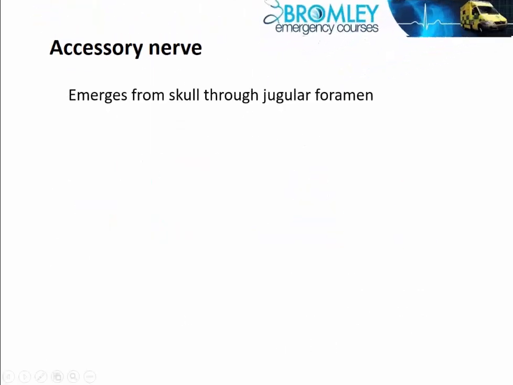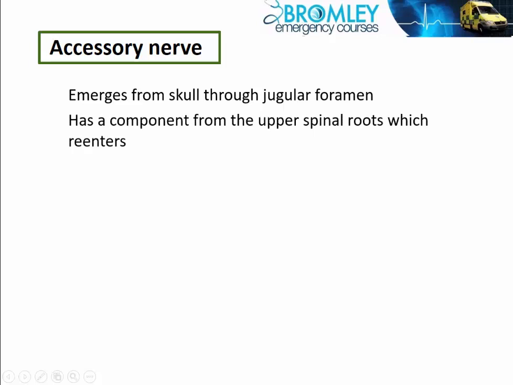The final nerve I'm going to talk about is the accessory nerve. The accessory nerve also comes out in the jugular foramen along with the 9th and 10th, glossopharyngeal and vagus. Now it has some roots directly from the brain stem and some from the upper part of the spine, and so rather unusually it has these roots that arise from the spine, which then re-enter the skull.